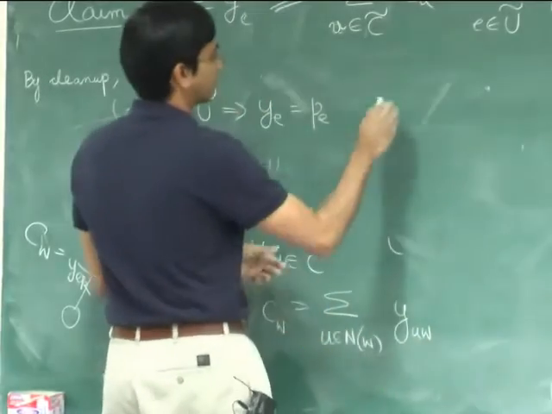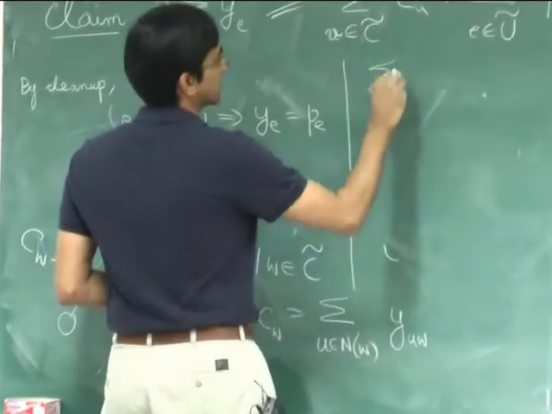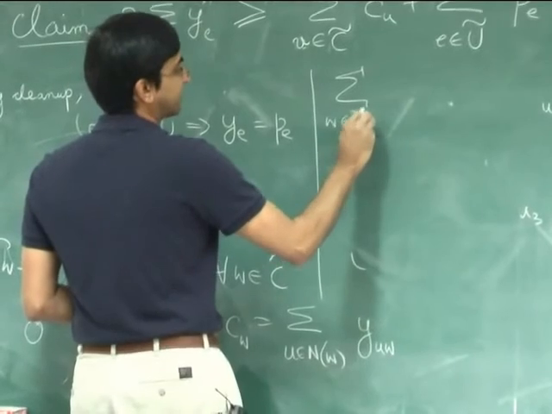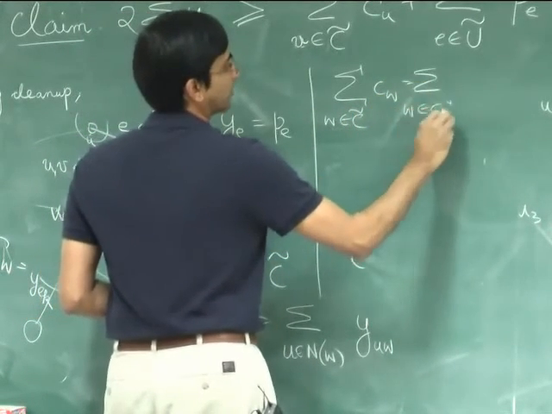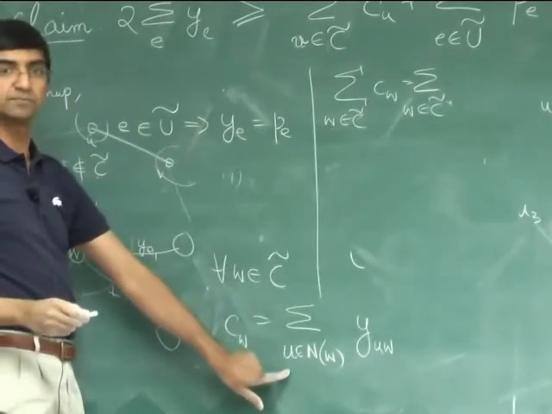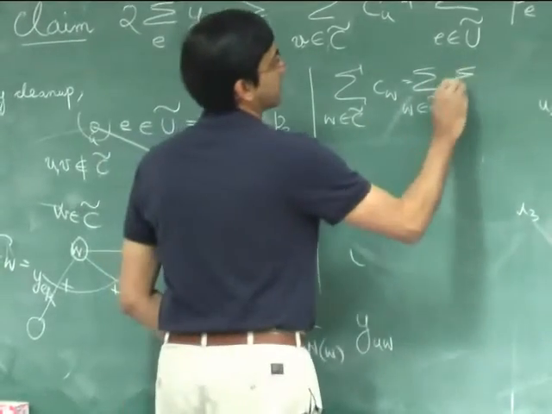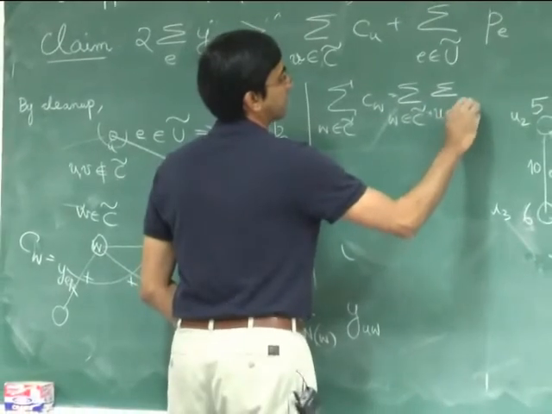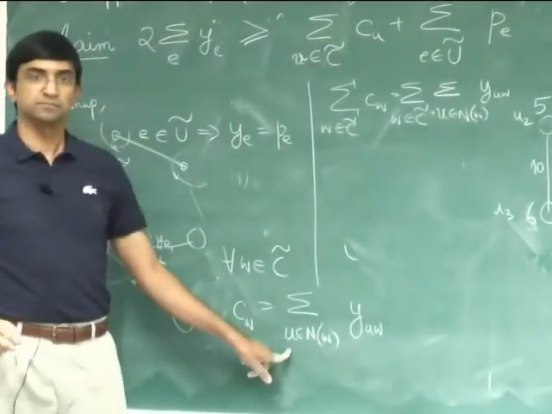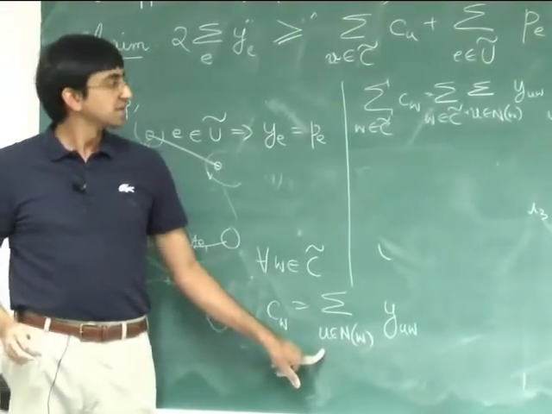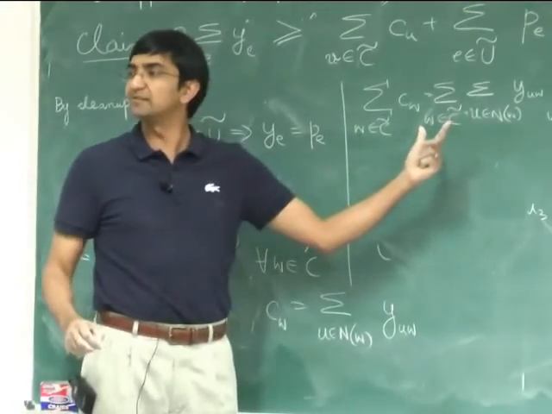So the sum over all W in C tilde of C W equals the sum over all W in C tilde of the sum over the neighbors of W of their Y value. I'm just substituting. Now I'm going to change the order of summation.